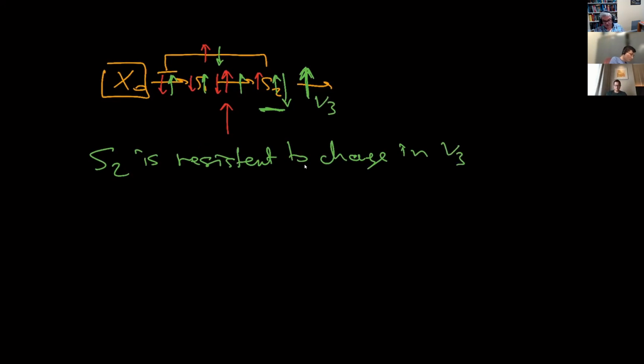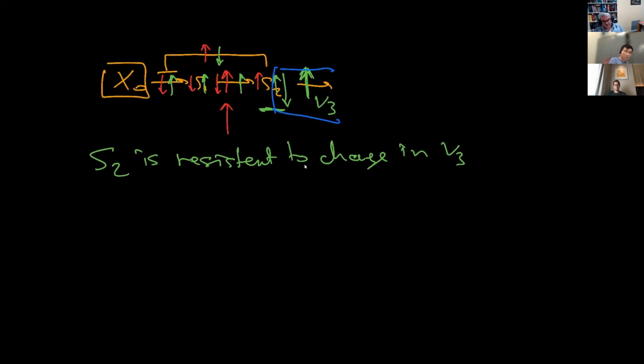S2 won't change much at all. So it's acting as if it were its own little pathway, because S2 looks fixed to V3. If I increase V3, the negative feedback responds by maintaining S2 relatively constant.